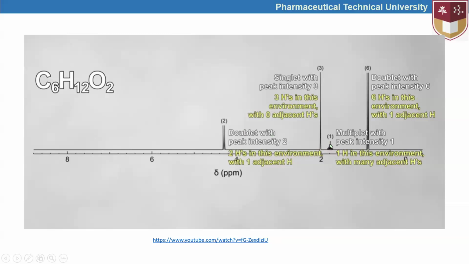Number of hydrogen is 1 here, but it belongs to multiplet, which means the carbon that holds the hydrogen that has this peak has multiple neighboring hydrogens.